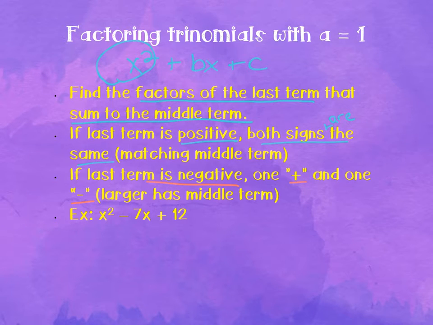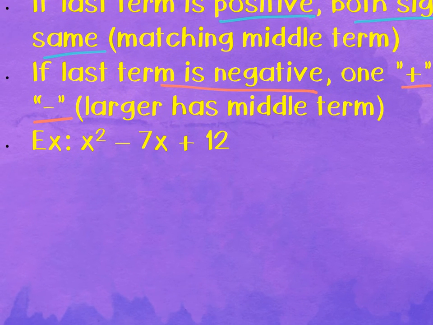So the first example is x squared minus 7x plus 12. There's a 1 in front here, which is how I know to do it this way. 12 is not a perfect square, otherwise I would have done the perfect square trinomial test. So I'm going to break 12 down into its factors until I find a sum that is negative 7.